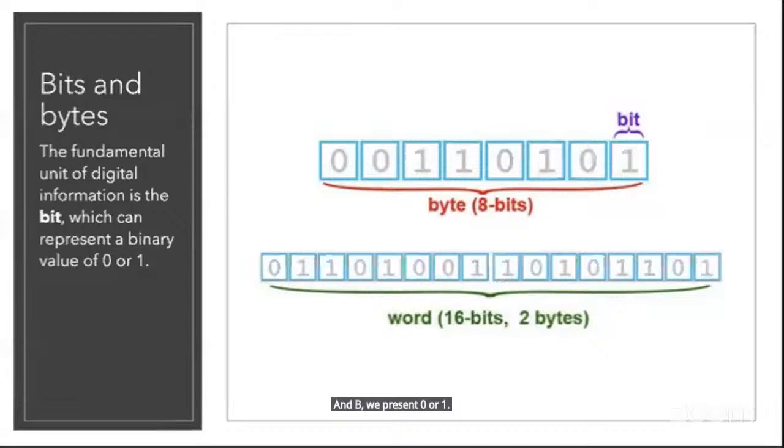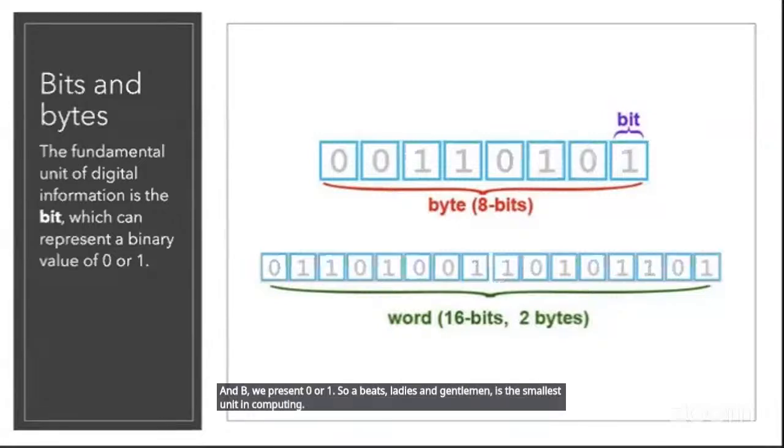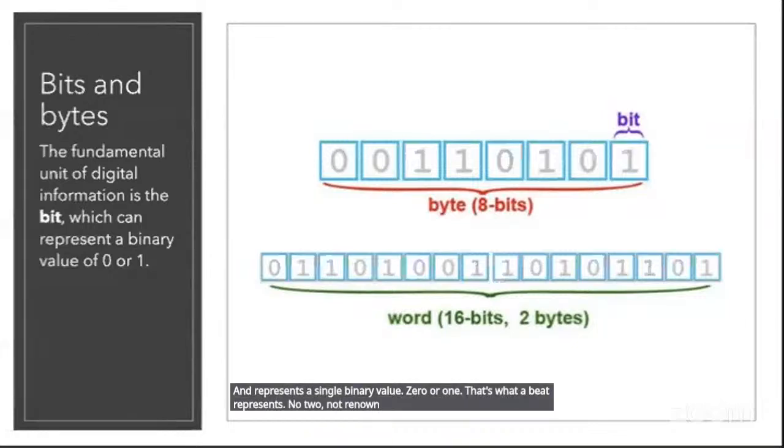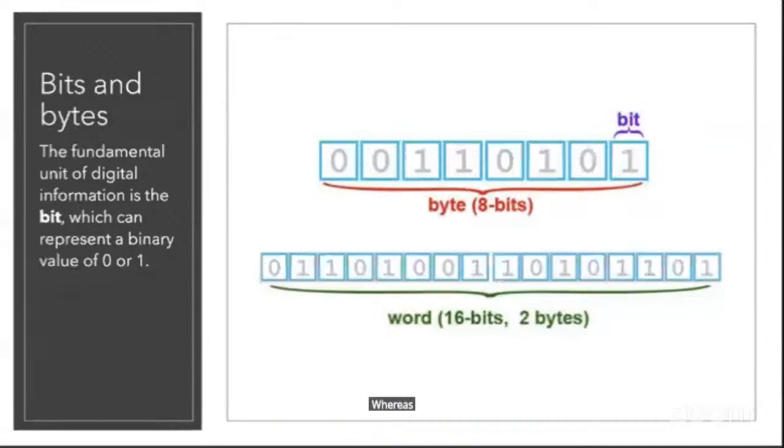So a bit, ladies and gentlemen, is the smallest unit in computing and represents a single binary value, 0 or 1. That's what a bit represents. No 2, no 3, no 4, 0 or 1. Whereas a byte, B-Y-T-E, as you can see on the screen, comprises 8 bits. And well, I don't want to go far.